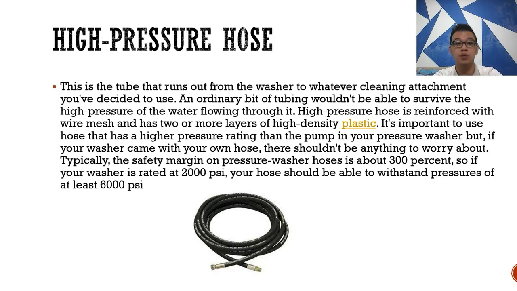It's important to use a hose that has a higher pressure rating than the pump in your pressure washer. But if your washer came with its own hose, there shouldn't be anything to worry about. Typically, the safety margin on a pressure washer hose is about 300%. So if your washer is rated at 2000 psi, your hose should be able to withstand a pressure of at least 6000 psi.